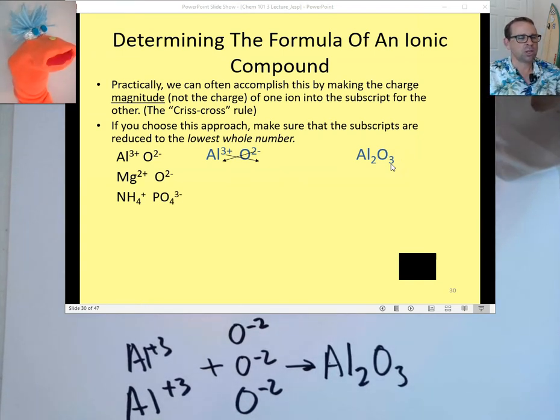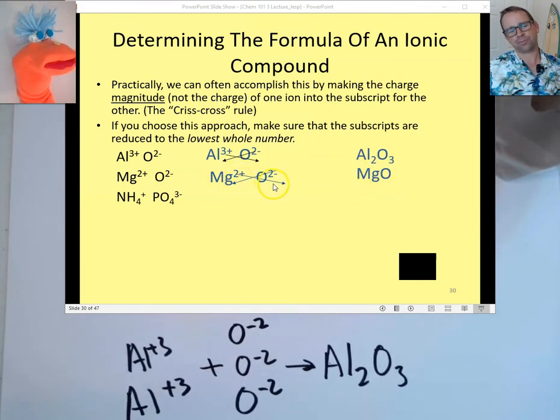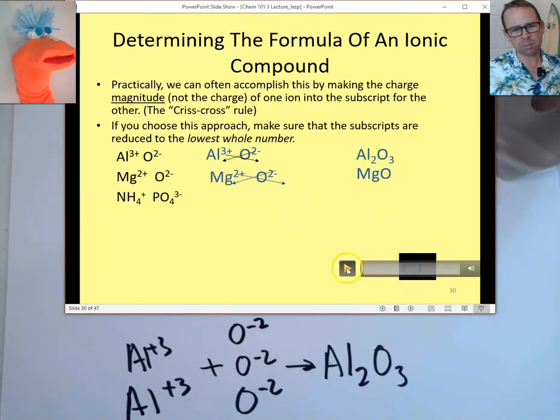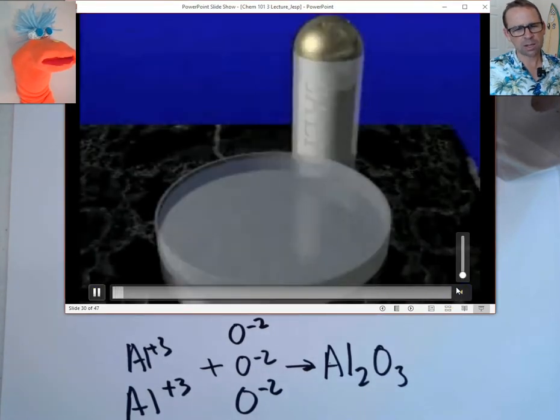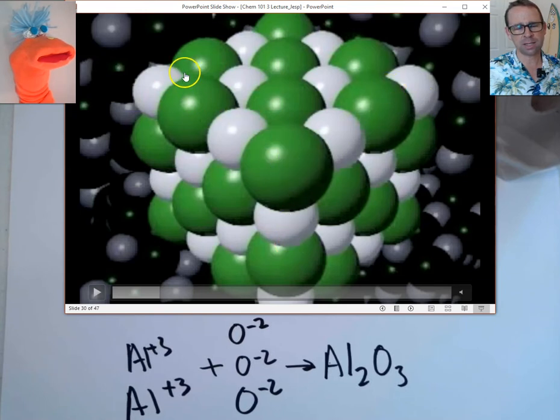All right. So with that in mind, we can do the same thing with magnesium and oxygen, but we only state the simplest whole number ratio, so we wouldn't say Mg2O2. Because when these ionic compounds come together, these ions are coming together in 3-dimensional lattices, like this.